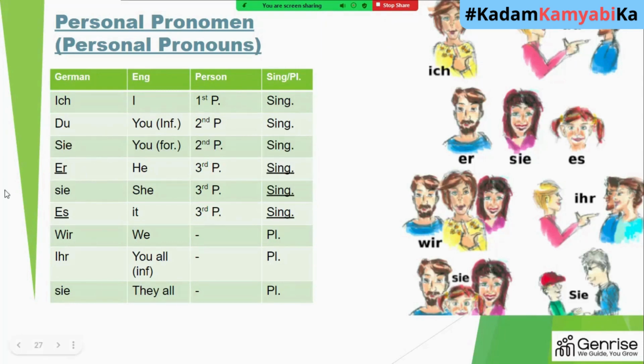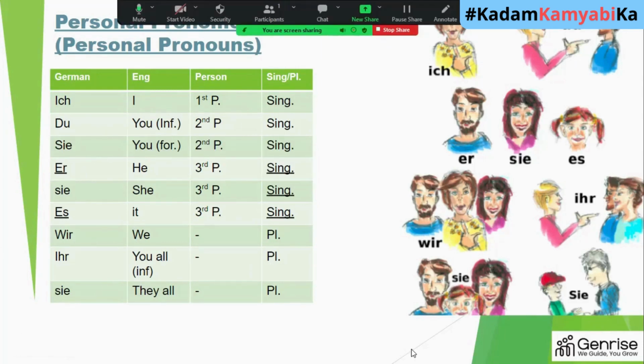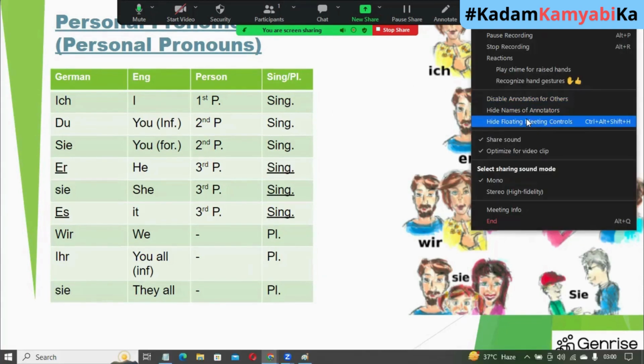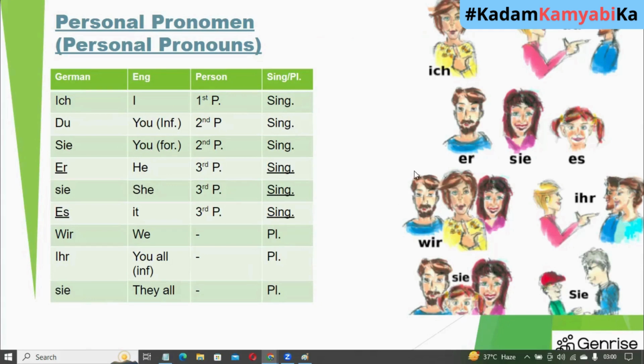You have to learn this table, all four columns, and then you need to take a new paper or turn the page of your German notebook, and then you have to make it yourself. That means you have to write all columns yourself and cross-check. These need to be learned thoroughly.